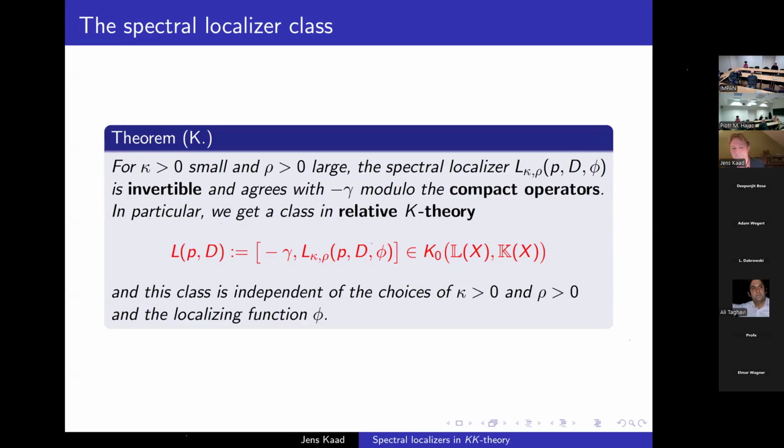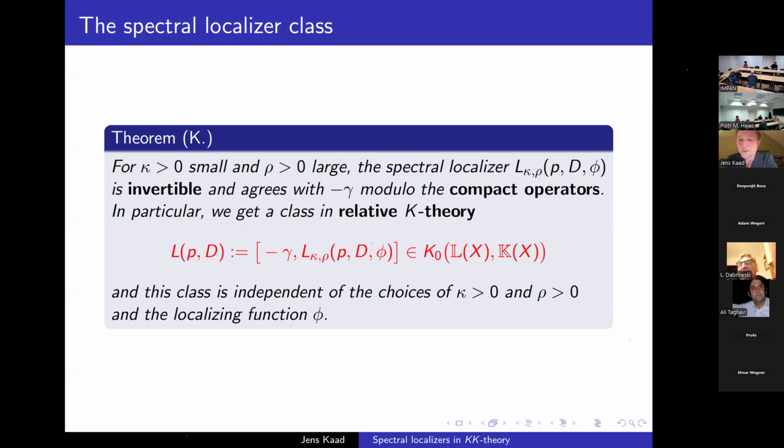Thank you very much. I have a similar question about the parameters, not 1/2, but kappa and rho. How do you recover the original K theory result when you have to take sufficiently large rho and sufficiently small kappa? In your class, you had no dependence on kappa and rho.